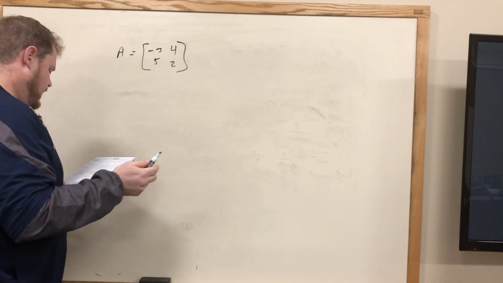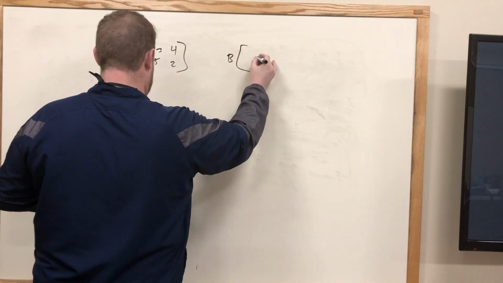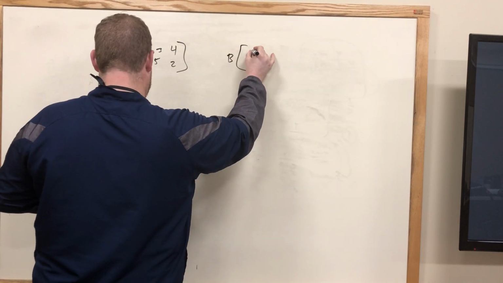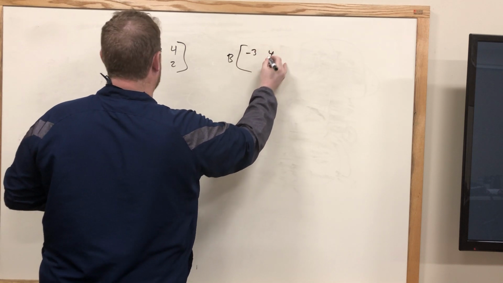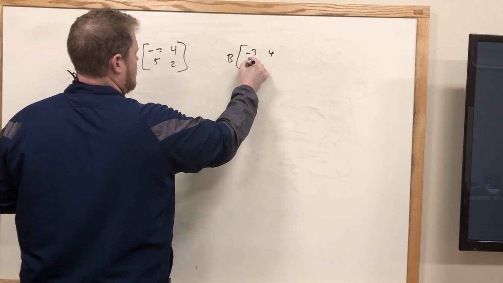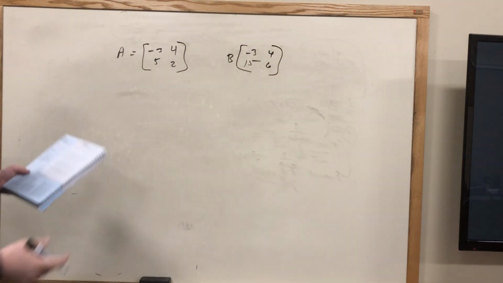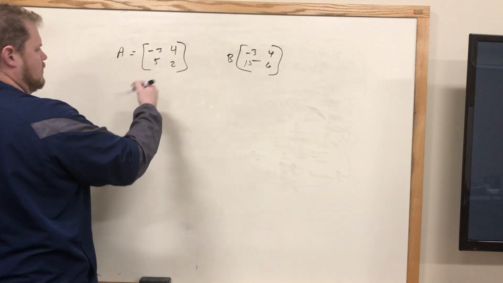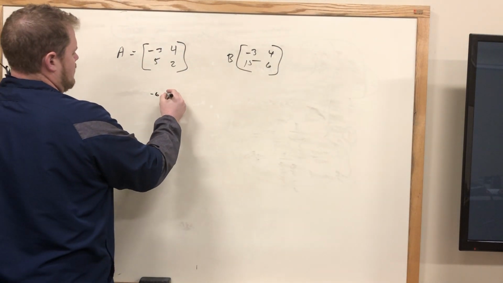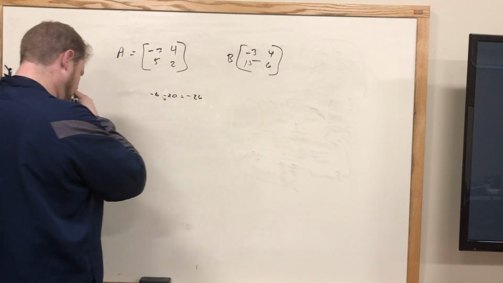Okay. Then next one. If they do it this way, B is [-3, 4]. So the top stays the same, but the bottom is multiplied through by 3. So when you multiply through by 3, if we do this work, cross multiply again, -6 minus 20 makes -26, right?